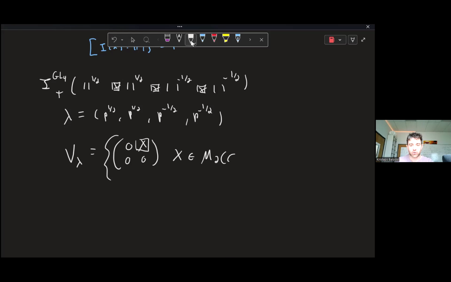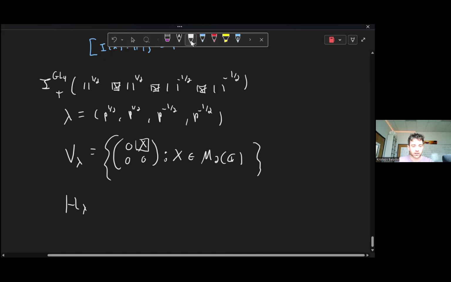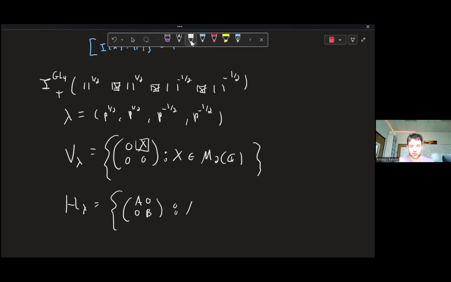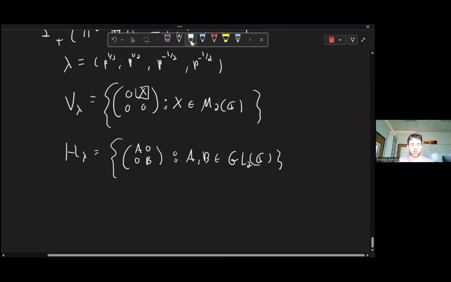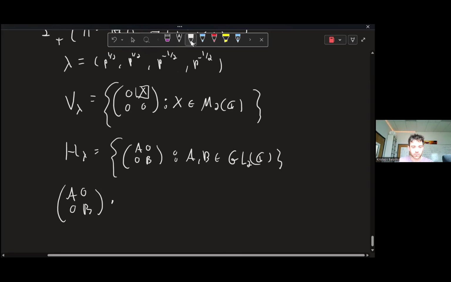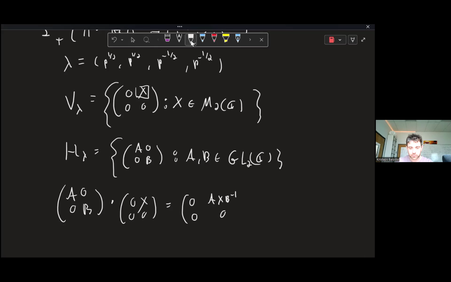This is a 2x2 complex matrix. My H lambda becomes the group of invertible block diagonal matrices, where each of these blocks are invertible 2x2 matrices. And the action is given by conjugation, which has the effect of just the A and B conjugating this X.